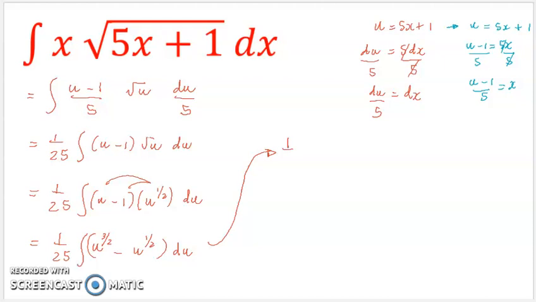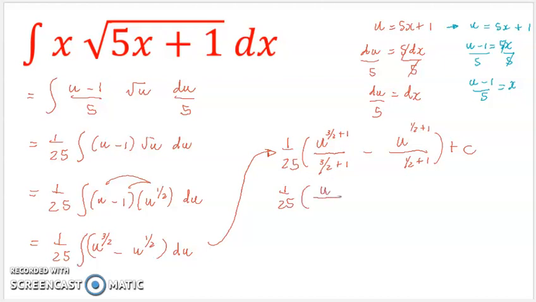So we have 1 over 25, then u raised to 3 halves plus 1 over 3 halves plus 1, minus u raised to 1 half plus 1 over 1 half plus 1, plus c. Then we'll have 1 over 25 u raised to 5 halves over 5 halves minus u raised to 3 halves over 3 halves plus c.